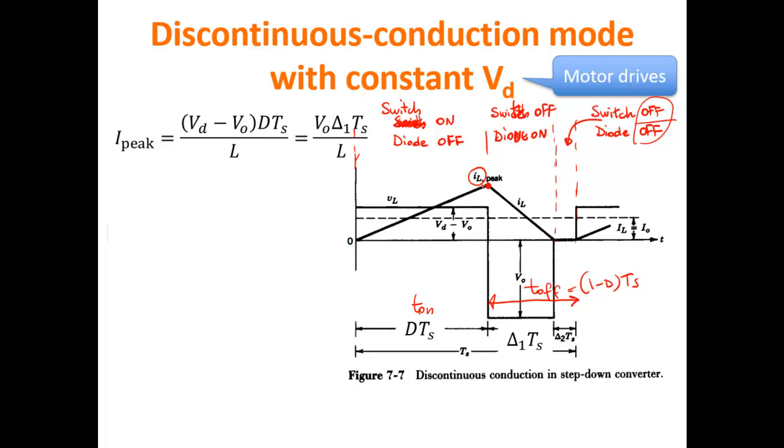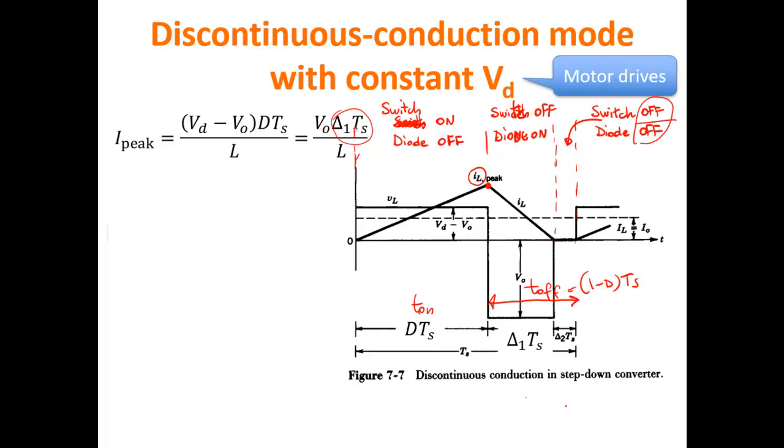So I can write the peak current as VDD minus VO over L, which is the slope during T-on, times T-on, which is dTs. Or I can write it as the slope during delta 1 Ts, that is VO over L times delta 1 Ts. Actually, the slope is minus VO over L, but I want a positive number here, so I change the sign.